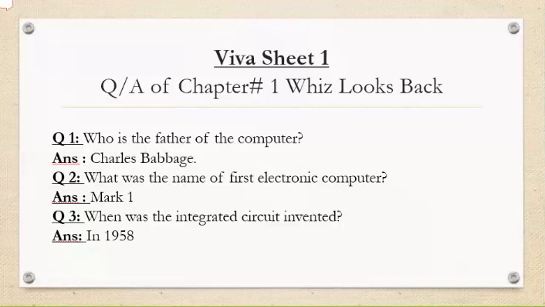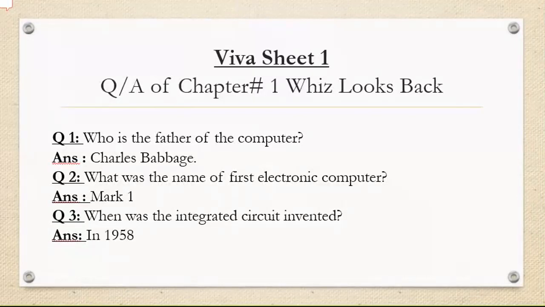Now we will revise the question answer of chapter 1, which looks back. And what you have to do, you also have to memorize these questions. Question number 1 is, who is the father of the computer? The father of the computer is Charles Babbage.